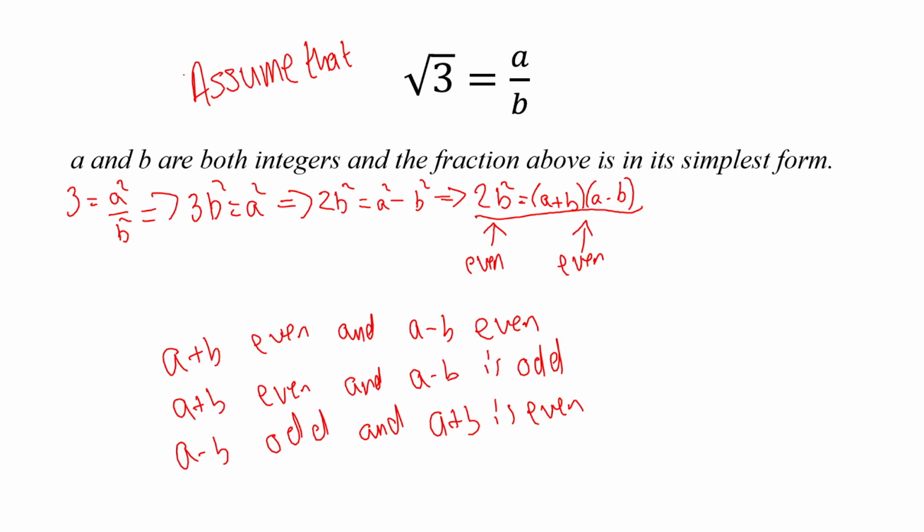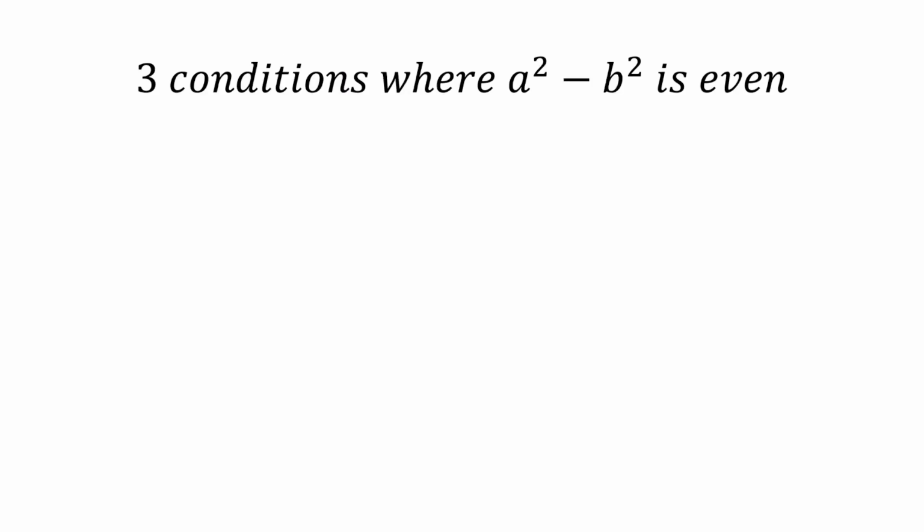However, I'm going to go to the next slide for this. So, three conditions where a squared minus b squared is even. I've just rewritten the (a minus b)(a plus b) as a squared minus b squared. If we look at a minus b and then at a plus b, to go from one to the other, the difference between these two is that we have to add 2b to get from this here to this here.